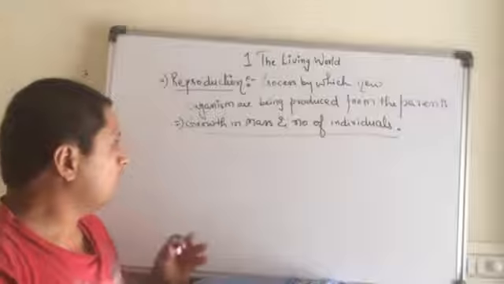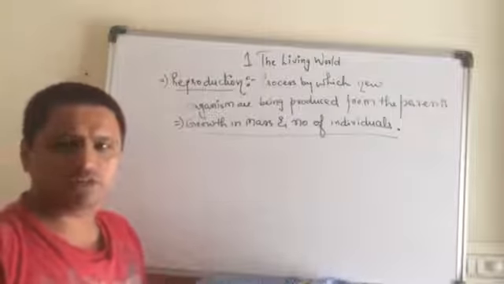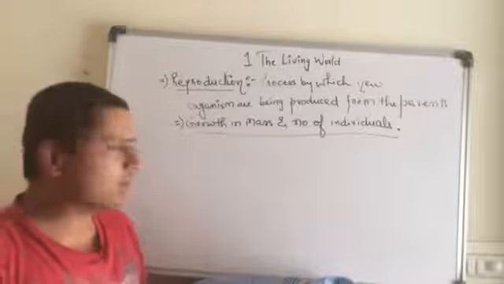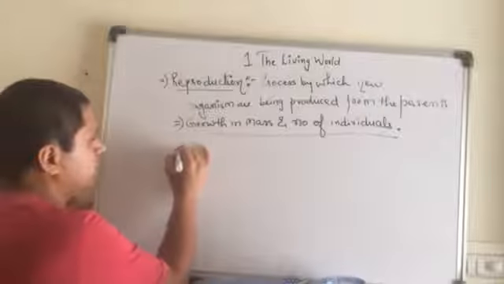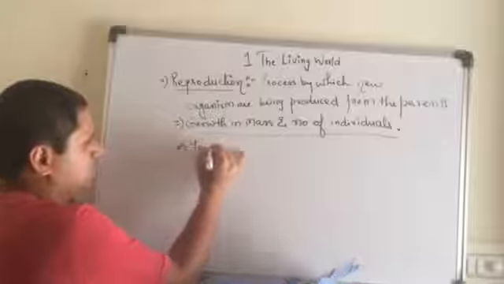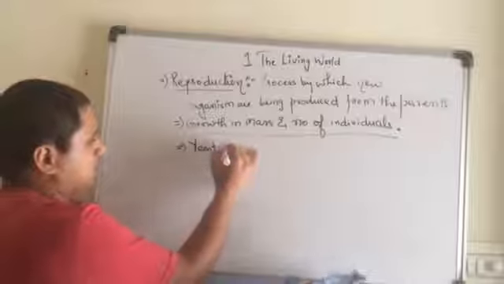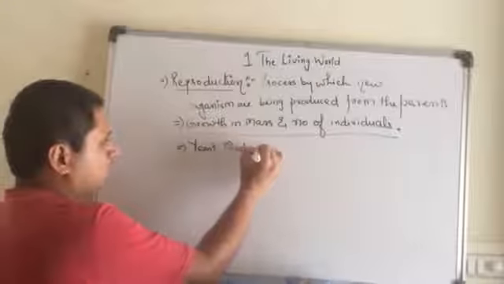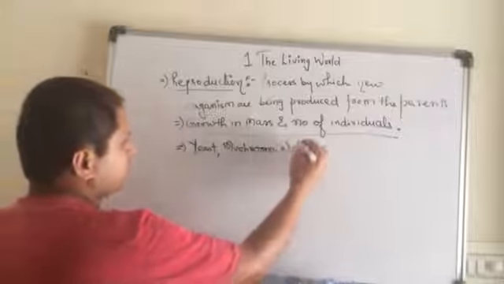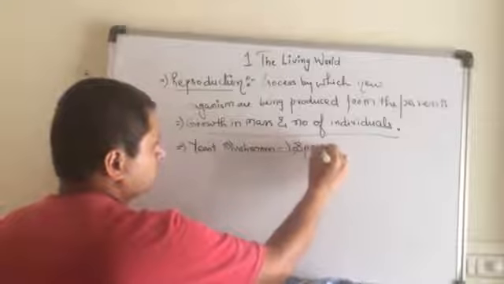Apart from that, we shall also see an explanation for the various unicellular organisms. Now over here, if I talk about organisms like the yeast and the mushroom, they both reproduce by the process of spores.